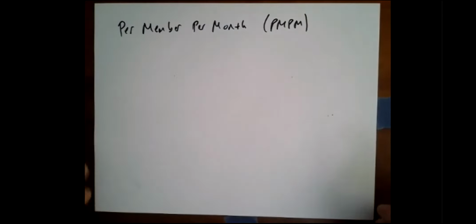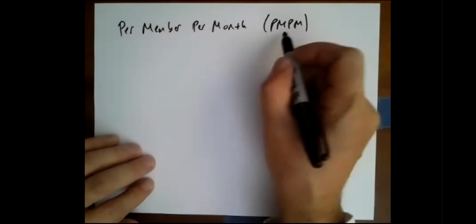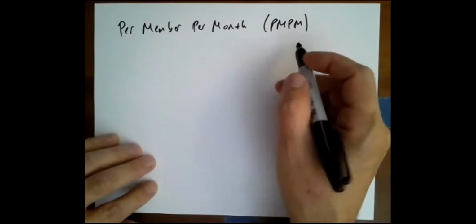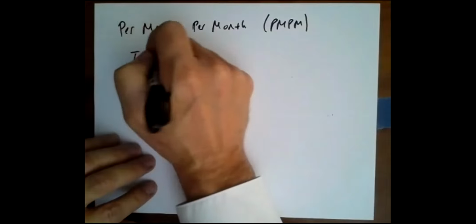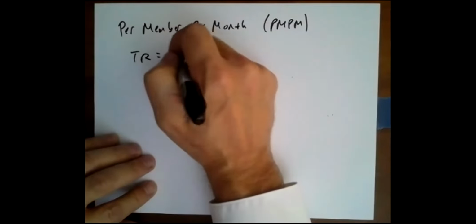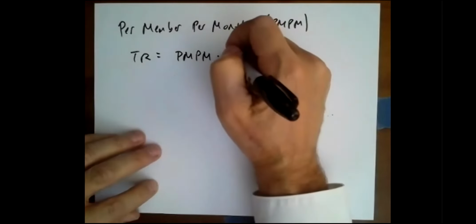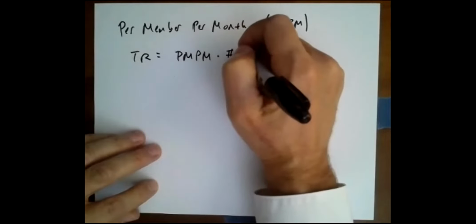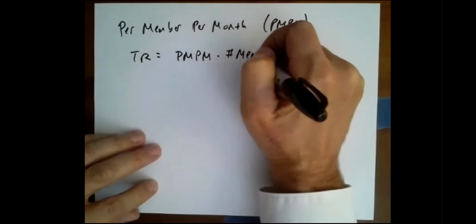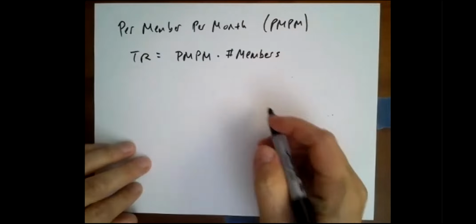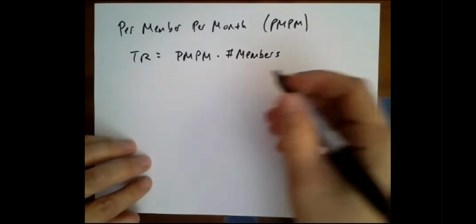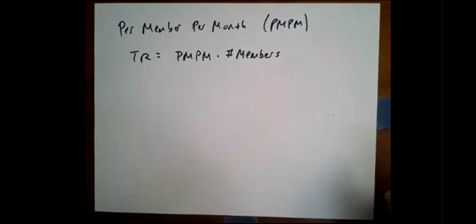Okay, so the provider gets a per member per month charge, right? So total revenue under capitation is PMPM times number of members, or number of covered lives.